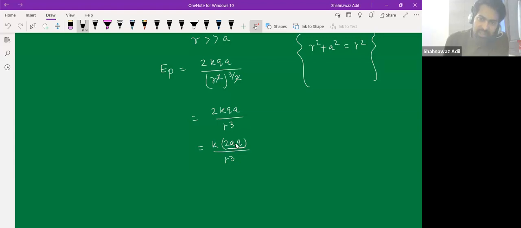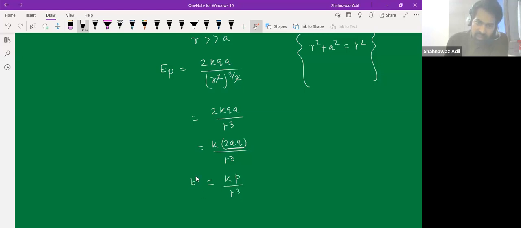Charge separation into charge. So what is this thing? That is the dipole moment, right? Yes, sir, separation into charge. So that is the dipole moment. So this is Kp by R cube.